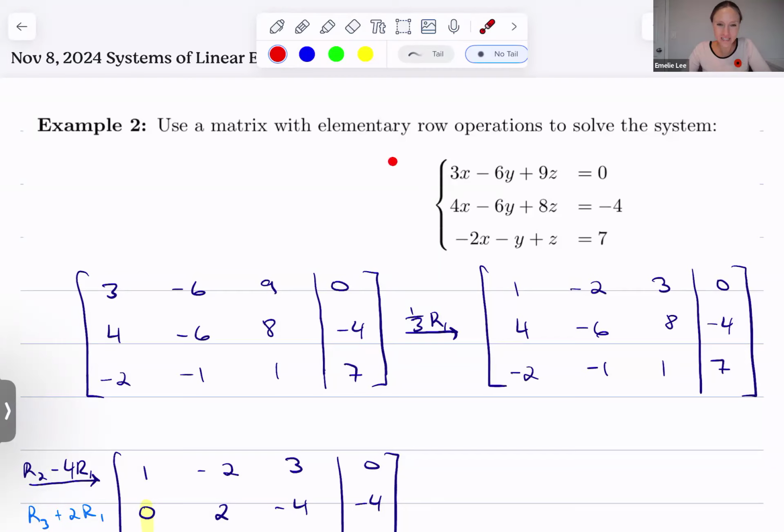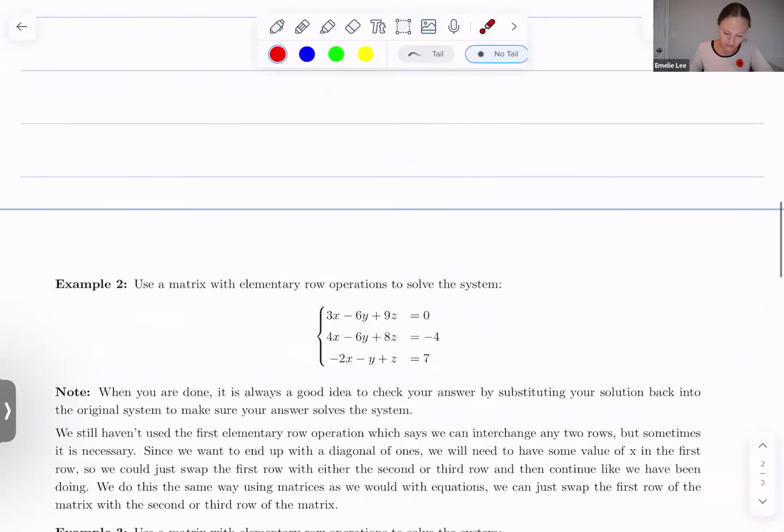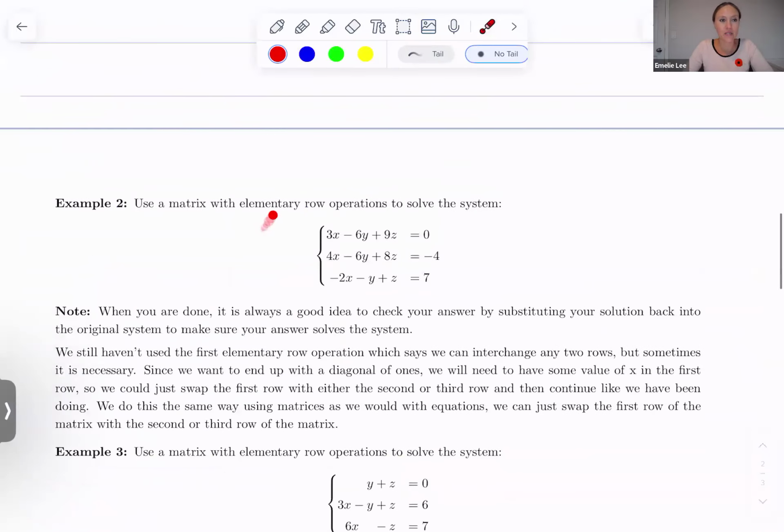So last day we were working through the systems of linear equations notes, and we were working on example 2 on the second page, and I kind of left you to work through it. In fact, I even said, okay, now you have all these skills already, so you could work through all the problems.